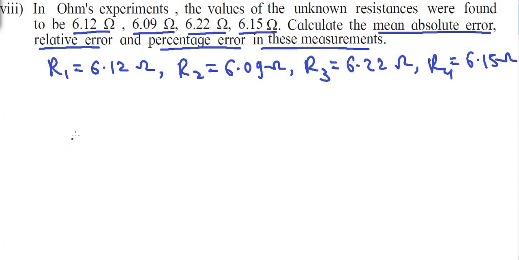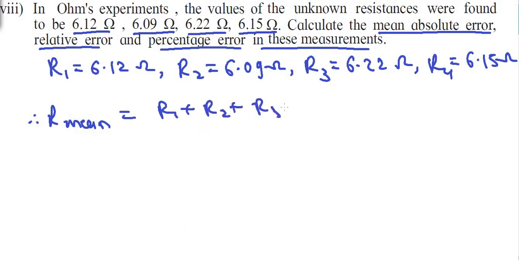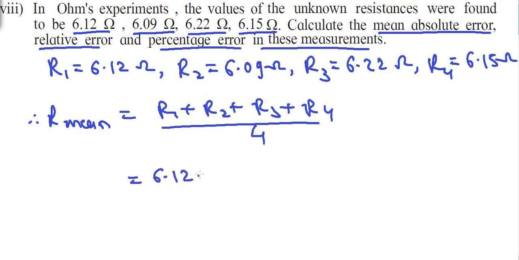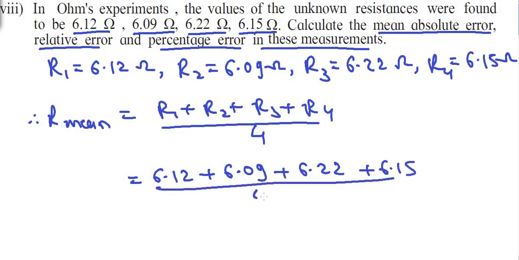Now first let us find the mean value of the resistance. Therefore R mean is equal to the sum of all readings, R1 plus R2 plus R3 plus R4, divided by 4, that is equal to 6.12 plus 6.09 plus 6.22 plus 6.15 divided by 4, that is equal to 24.58 divided by 4.